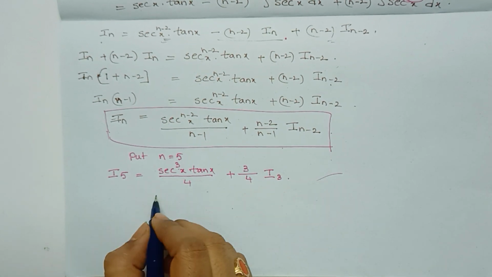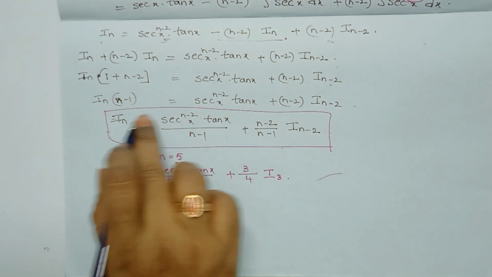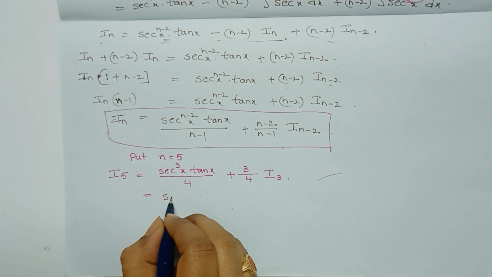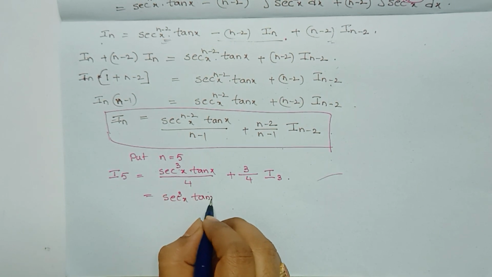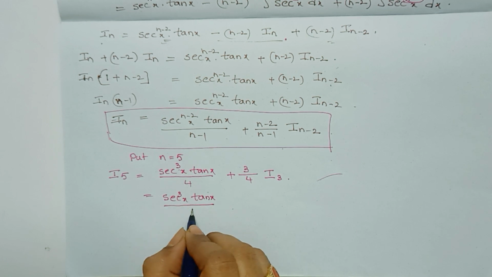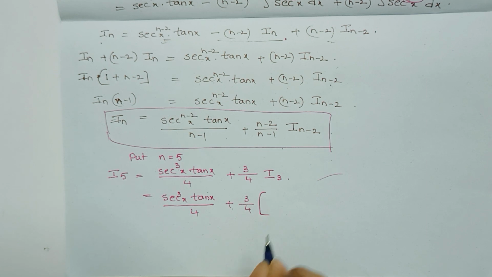Again we need I3, I3 అంటే ఏం లేదు, n ప్లేస్లో 3 సబ్స్టిట్యూట్ చేయాలి ఇదే ఫార్ములాలో. Okay, that is secant cube x into tan x by 4 plus 3 by 4 into I3.